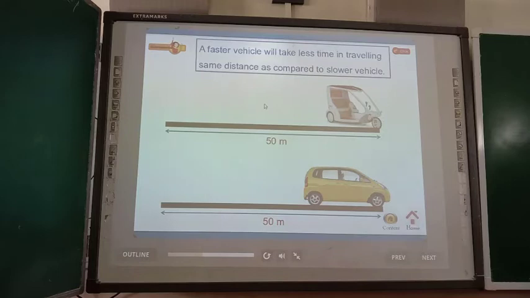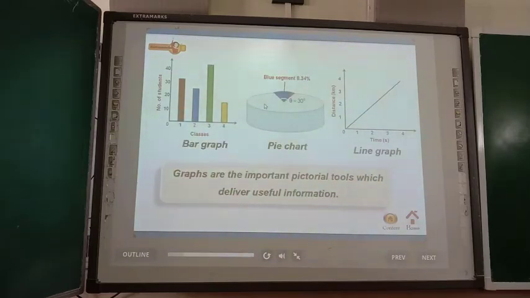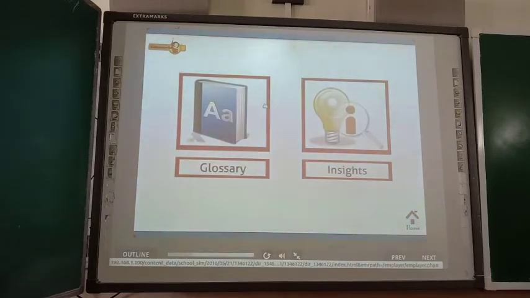A faster vehicle will take less time in traveling the same distance as compared to a slower vehicle. Then different types of graph: bar graph, pie chart, line graph. So in this way the recapitulation is also over.